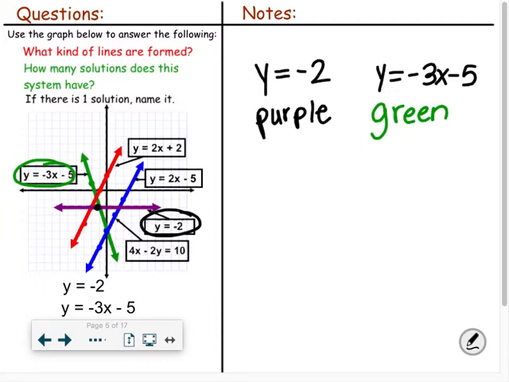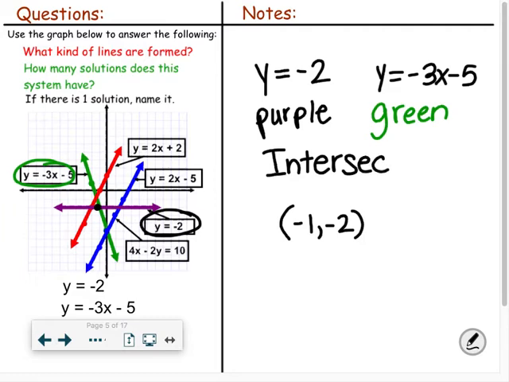So what that point looks like to me is negative 1, negative 2. So those are intersecting lines. Intersecting lines have one solution. And that solution is the point where they cross. So negative 1, negative 2.